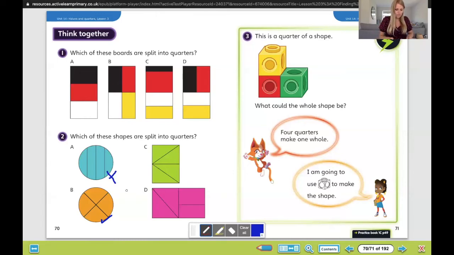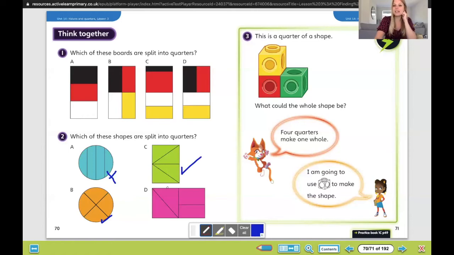So if I can fold them, and if they match on both sides, then I know, oh, yes, all 4 are equal. They are all the same size. So I'm going to say yes, C has been split into quarters.